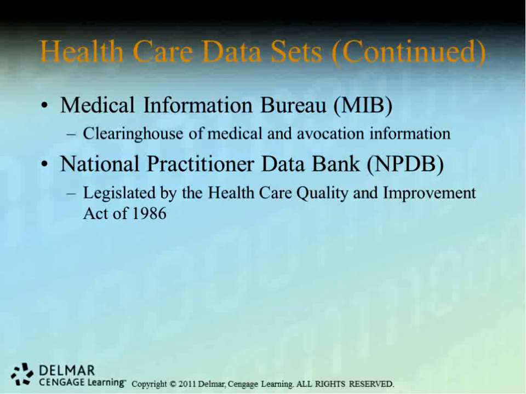All right, so those are your main ones, but you also have other data sets that are associated with healthcare, and you have your Medical Information Bureau, MIB, and then you got your National Practitioner Data Bank, NPDB. The MIB is basically a clearinghouse for medical and application information about people who apply for insurance.